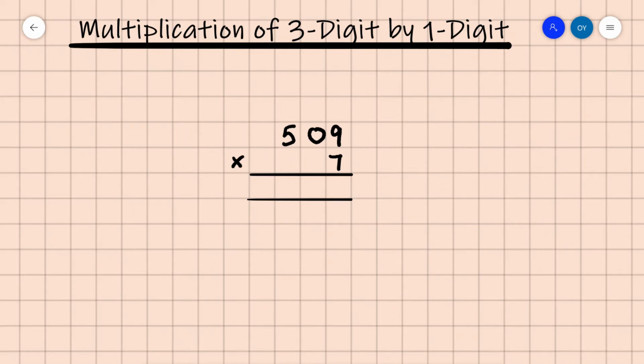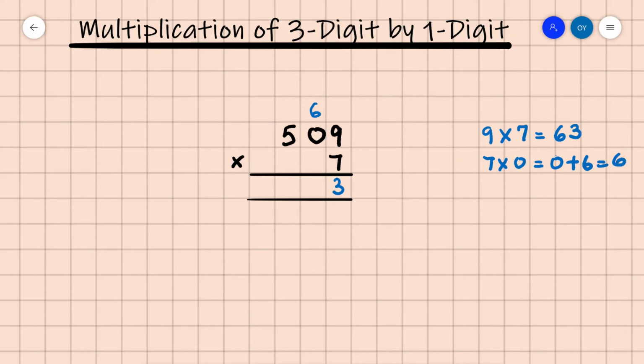Now we have 509 multiplied by 7. 9 times 7 is 63. So we write 3 and carry 6. 7 times 0 is 0. Any number multiplied by 0 gives you 0. So 0, now we add it to the carryover, which is 6.